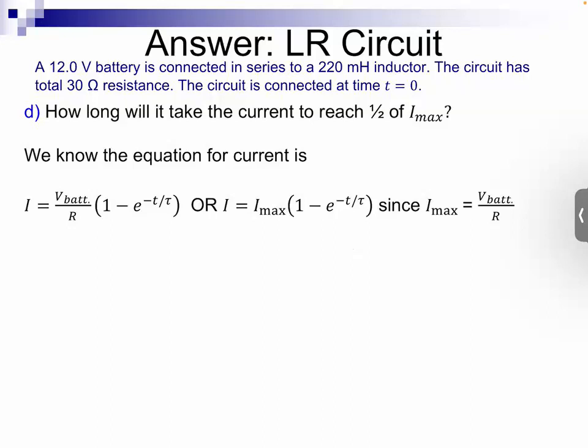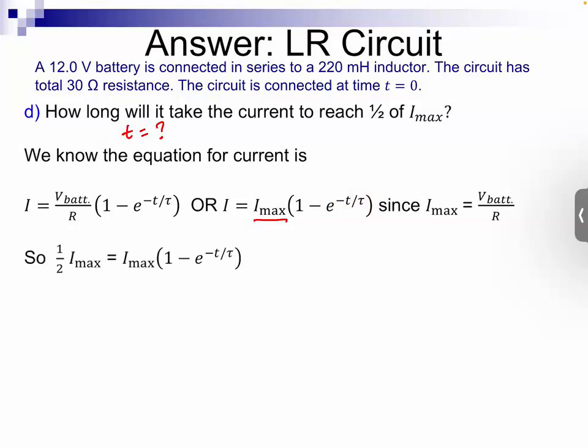Okay, here's an example of the mathematical manipulation of the equation. We want to know how long it will take. Essentially, we're looking for the time it takes for the current to reach 1/2 of its maximum value. The equation for the current is, of course, given as derived previously. This battery voltage over resistance is the maximum current that your circuit can have, and we calculated that earlier.